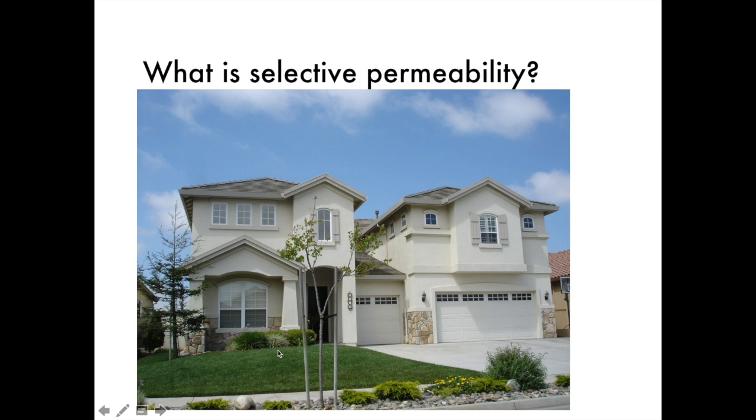Definitely not through the windows. That would not go well. Or let's say your house is selectively permeable against elephants. You wouldn't be able to get an elephant into your house because there's no doorway big enough to allow an elephant to pass into your house without significant damage to your house.